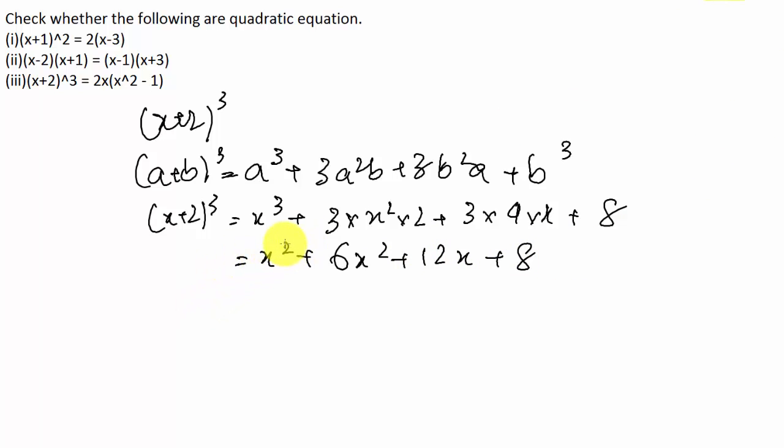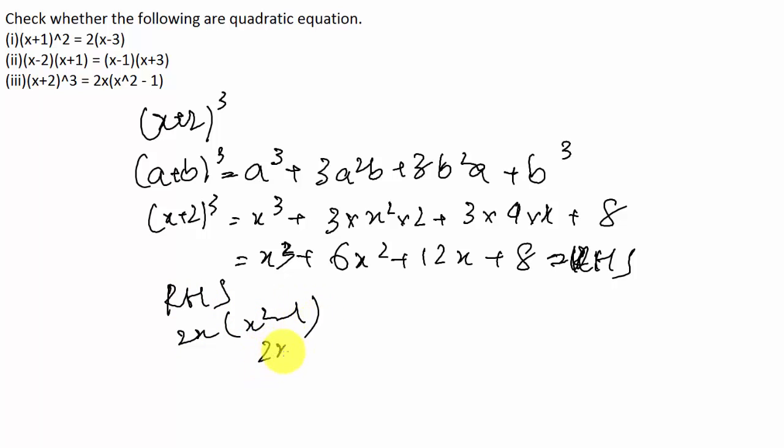Now this is your LHS, and then we're going to do the RHS, which is 2x into x square minus 1, which is 2x cube minus 2x. This is equal to LHS, that is x cube plus 6x square plus 12x plus 8.